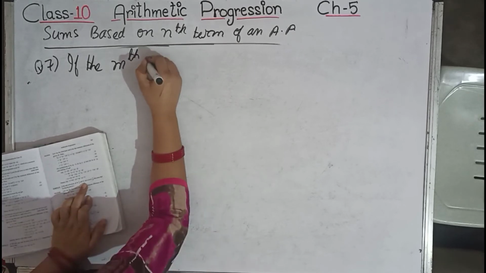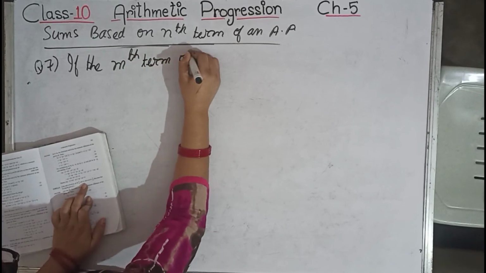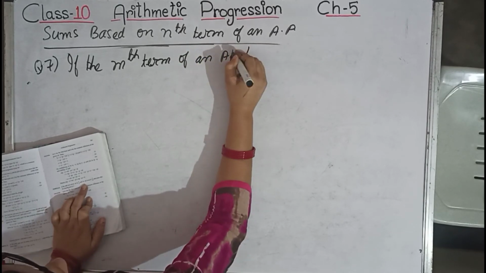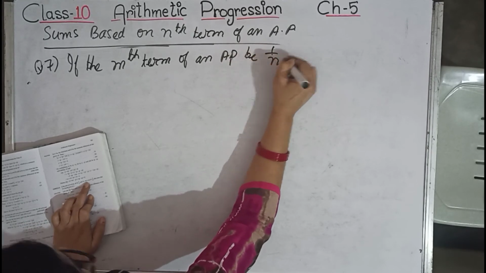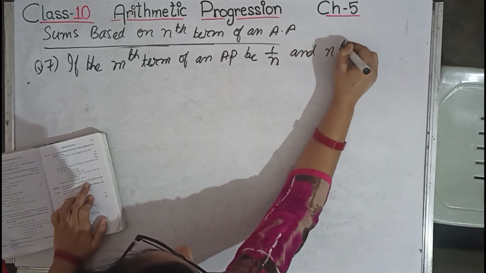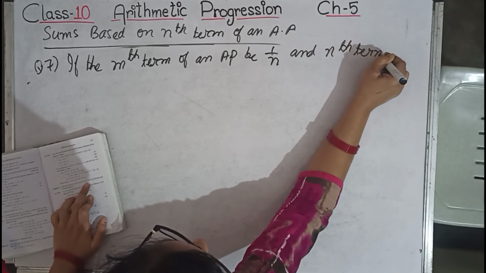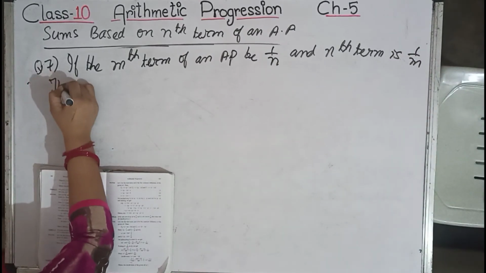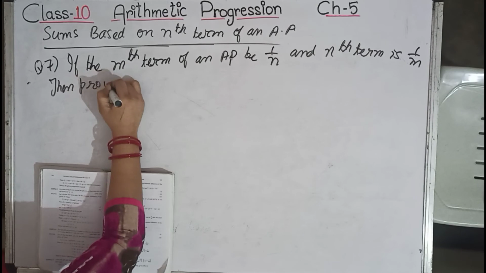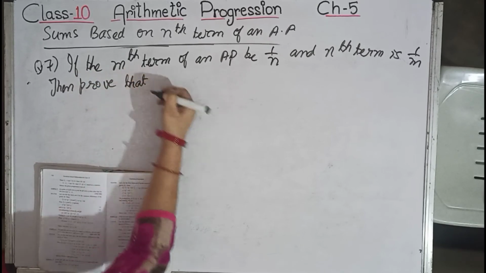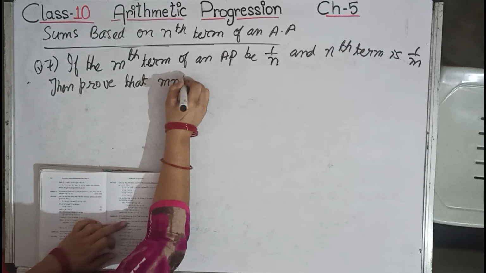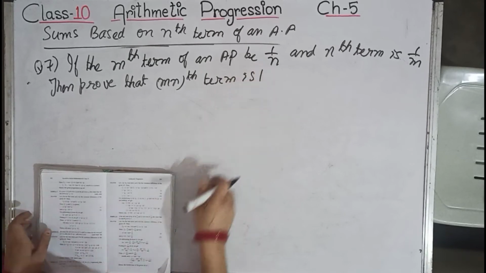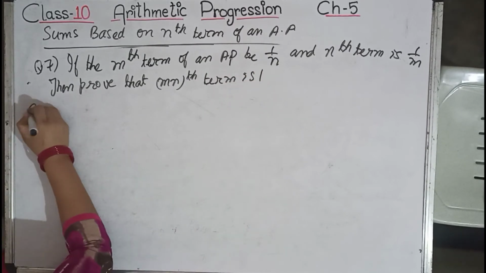If the mth term of an AP is 1 by n and the nth term is 1 by m, then prove that the mnth term is 1.